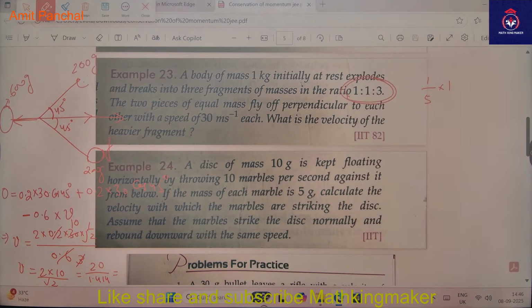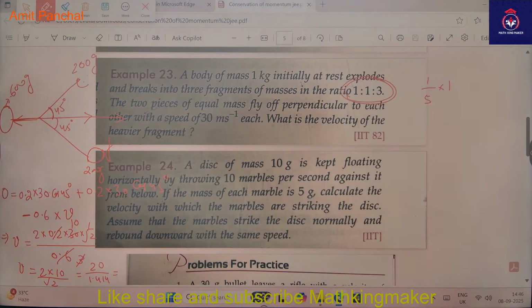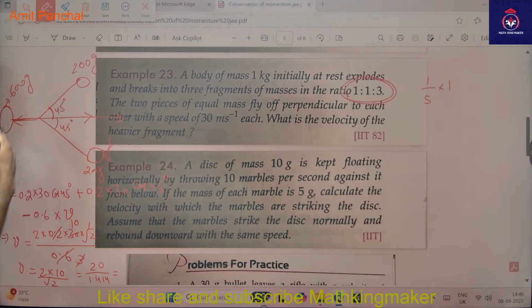Okay. But why did you take only the horizontal component? Because we are just talking about the horizontal momentum. How do you know that? Because we could go with the vertical momentum also; the vertical momentum component will also be in conservation.